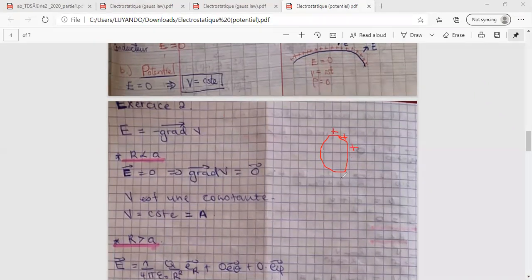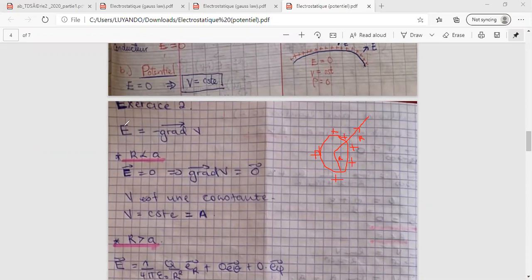And from the center, we've been given the radius, which is equal to A. Then we were asked to calculate the field outside, or exterior, at a certain point. So we calculated the field inside and the field outside. For exercise 2, we're now going to calculate the V.